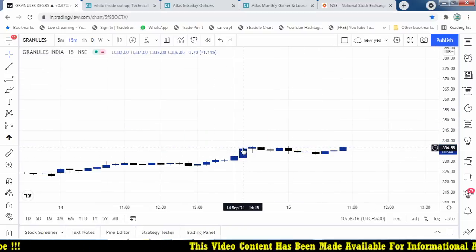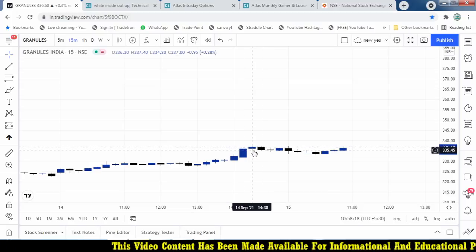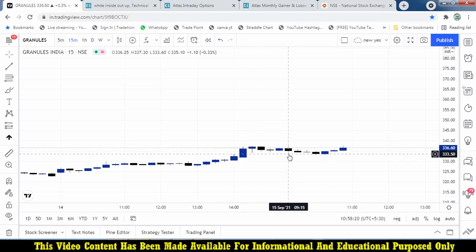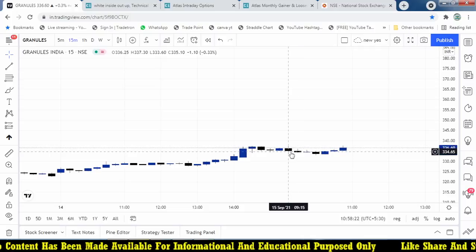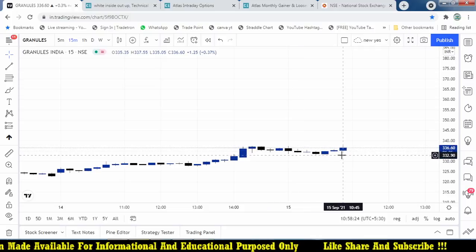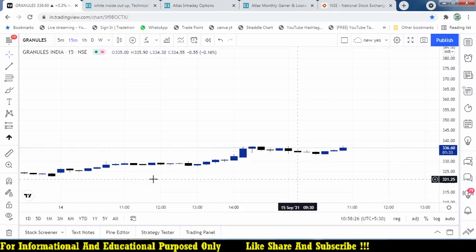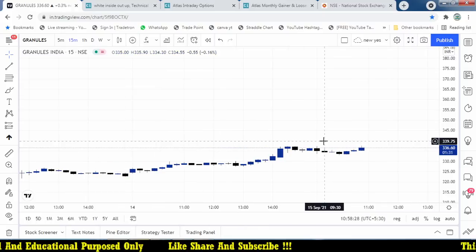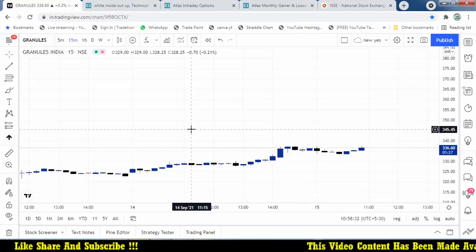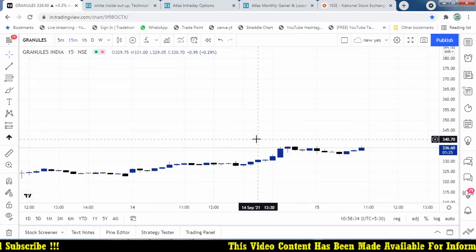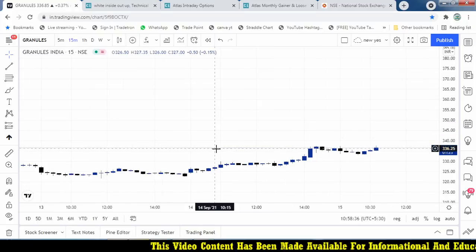This was the first 15-minute candle, and the range is 337.30, 337.55. So now Granules is getting the entry opportunity right now. Let's see what will happen on the stock. We will wait for some more time, and if it is positive, we can go for that.